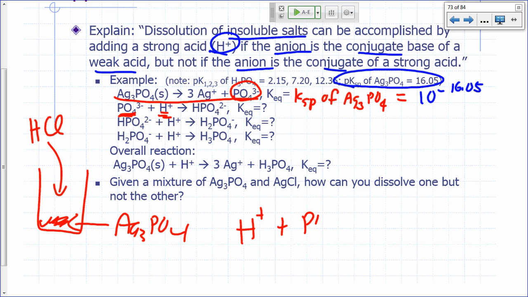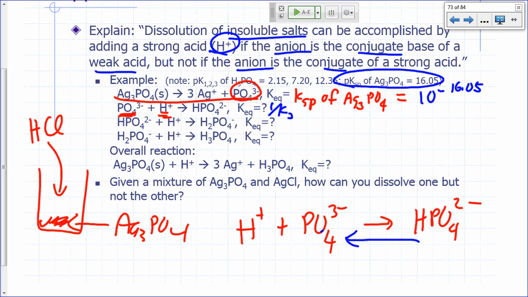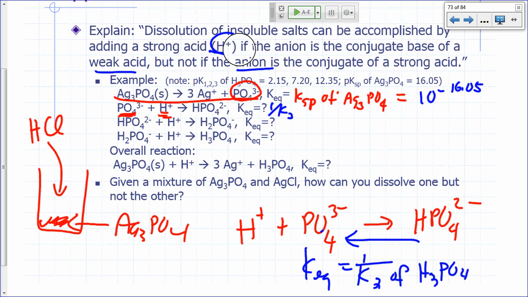H plus plus PO4 3 minus gives you HPO4 2 minus. That's just the opposite of HPO4 2 minus giving you H plus and PO4 3 minus. The KEQ for this is 1 over K3 of H3PO4. And if you look it up, the pK3 for H3PO4 is 12.35.